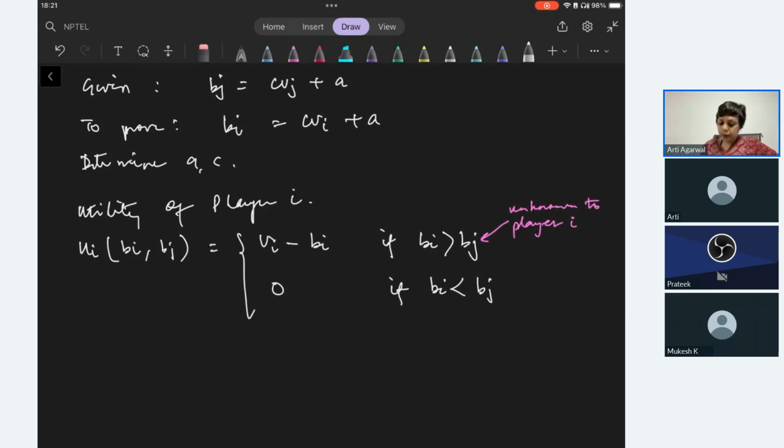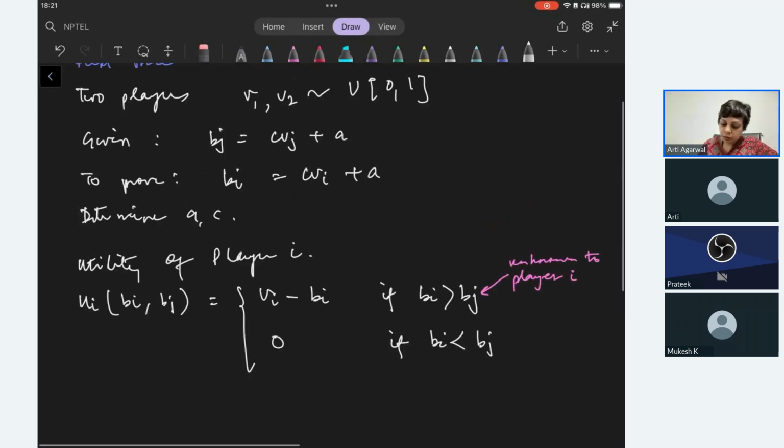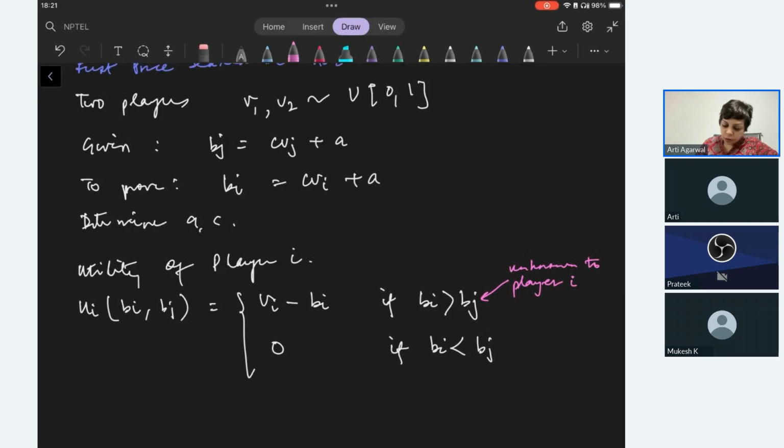And in this expression, Vj is also unknown. But we do know that Vj follows a uniform distribution over the interval 0, 1. This is what we know and what we don't know.